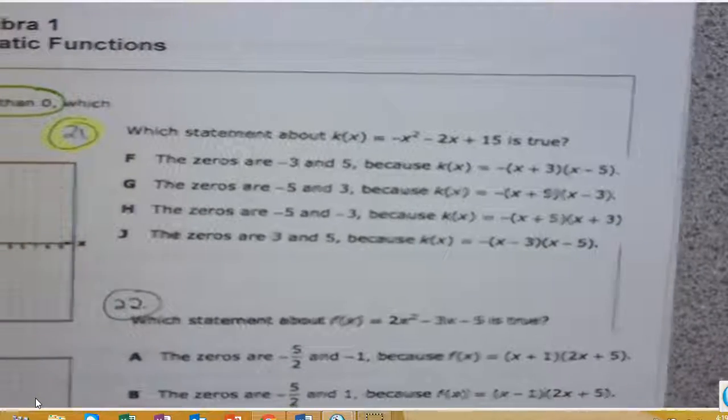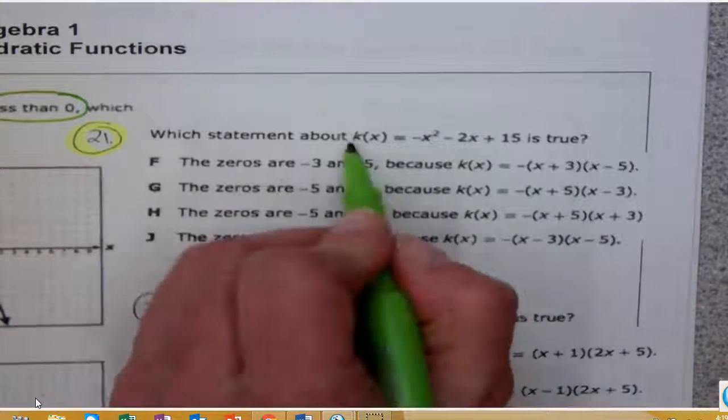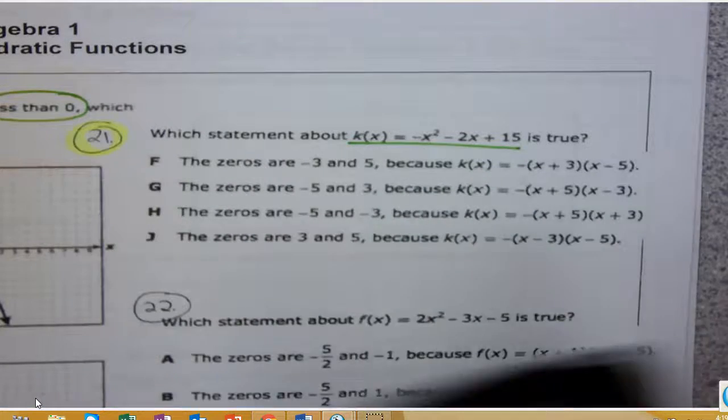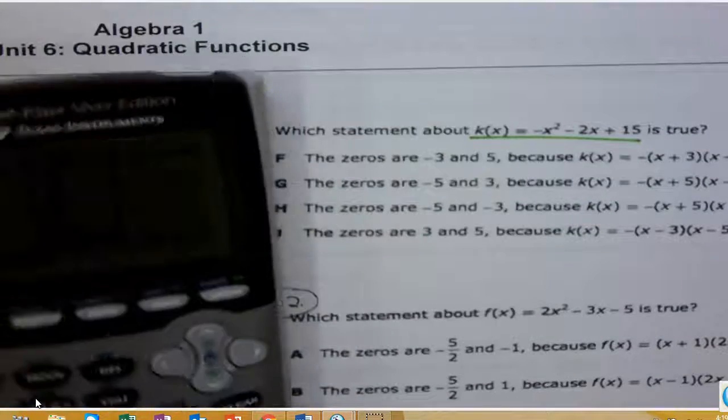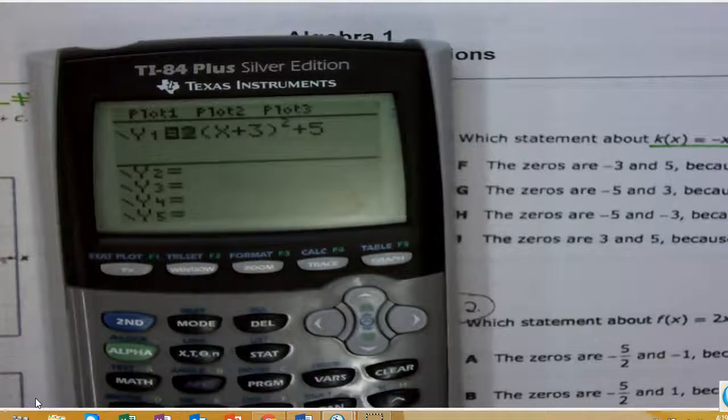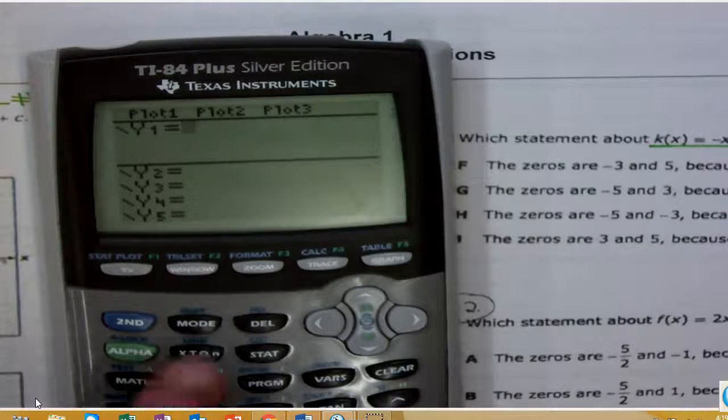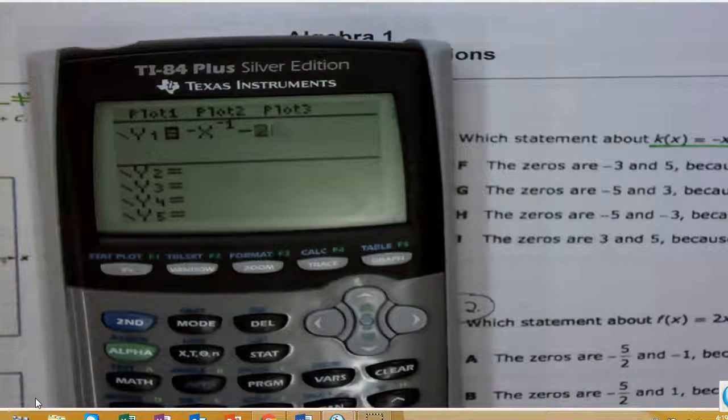Which statement about these are true? I'm going to plug this into my calculator, and I'm going to get, clear, negative x squared minus 2x plus 15.